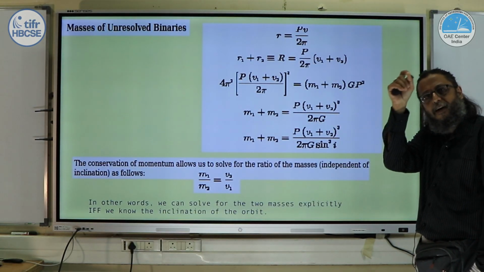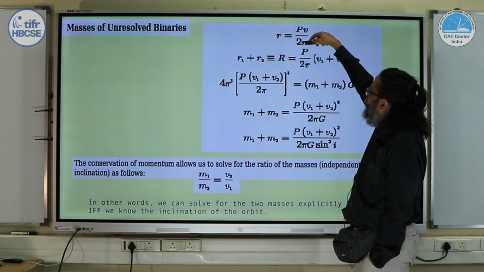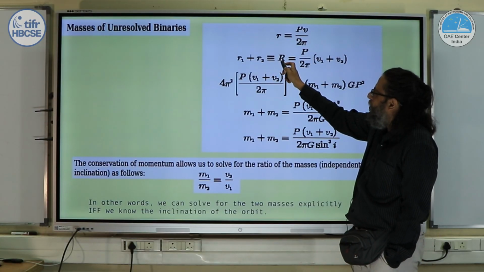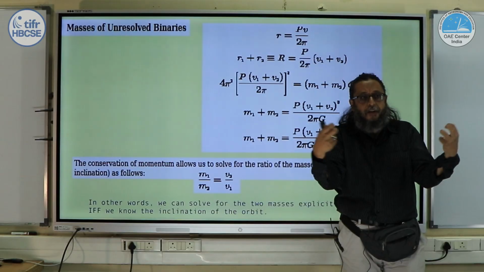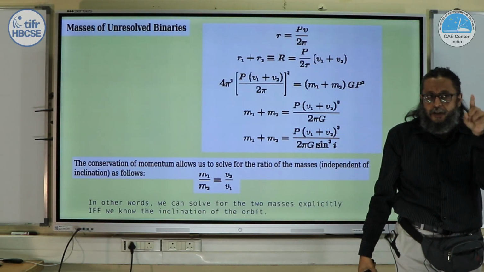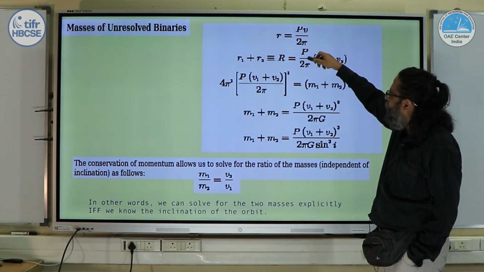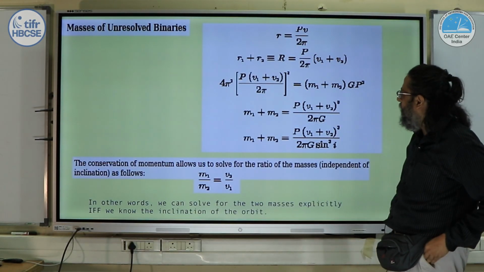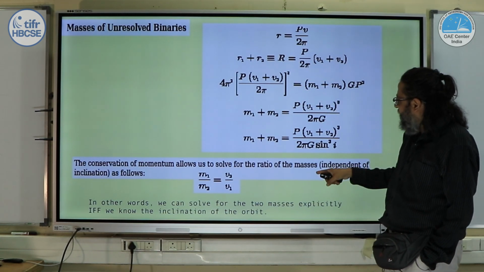You take R = PV upon 2 pi. This is a generic relation of any circular motion. R1 plus R2 is your capital R, the separation, where R1 and R2 are the distances of the individual objects from the center of mass. And hence, this R you can write as P upon 2 pi into V1 plus V2, the two objects which are going around. Then we use the same relation which we have used beforehand, and come to the conclusion.